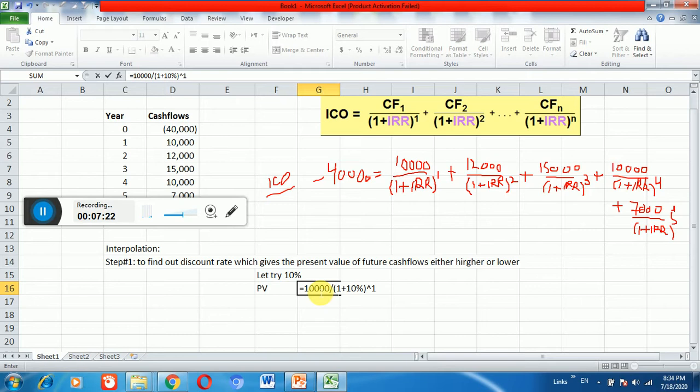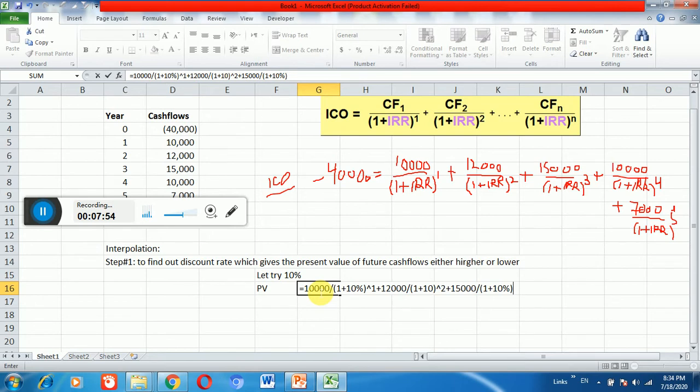Then plus 12,000 divided by 1 plus 10% raised to power 2, and then we have 15,000 divided by 1 plus 10% raised to power 3.